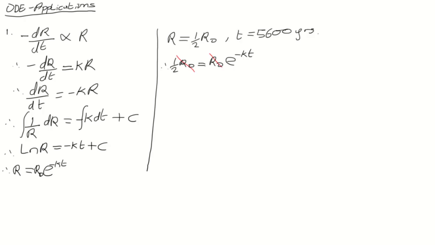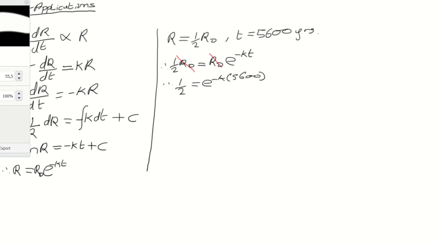And when they cancel like that, they leave us with 1 over 2 is equal to e raised to minus kt. Since we are looking for k, we have a value for t, which is 5,600.